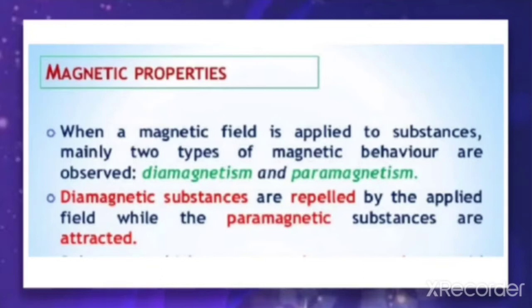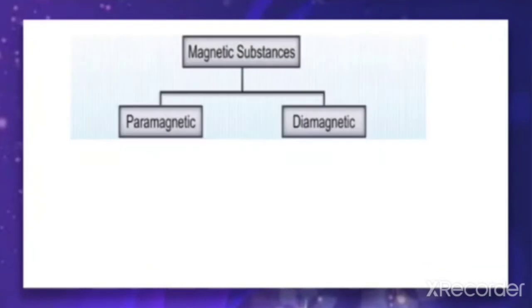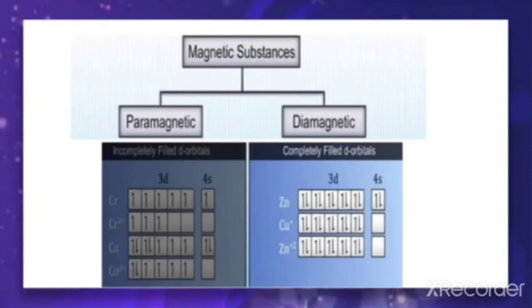Diamagnetic substances are repelled by the applied field, due to paired electrons, while paramagnetic substances are attracted by the applied field, due to the presence of unpaired electrons. So we can divide magnetic substances into two categories, paramagnetic and diamagnetic. Let us take some examples.